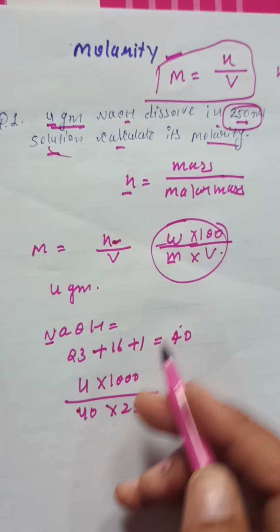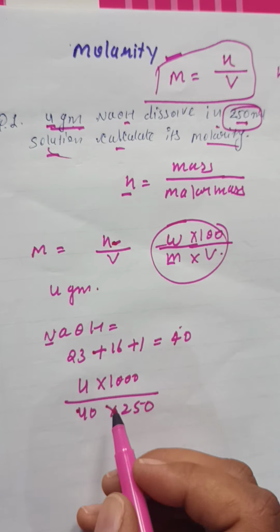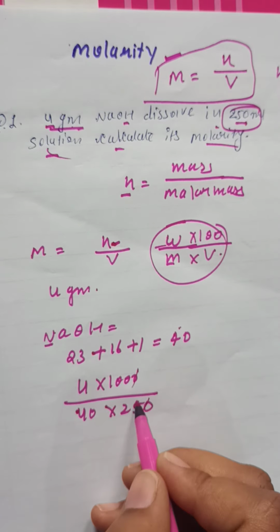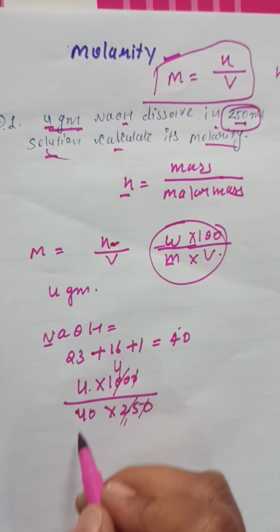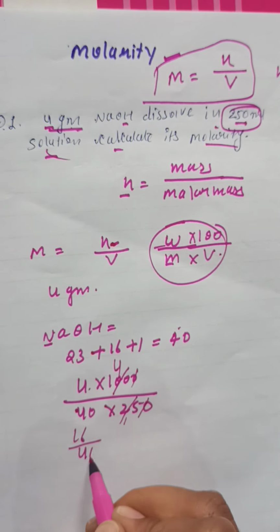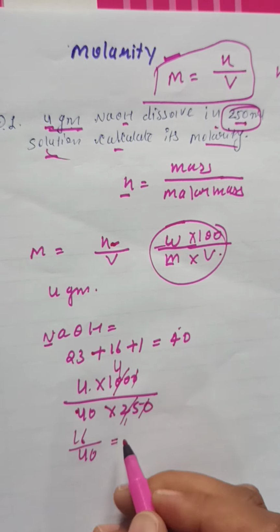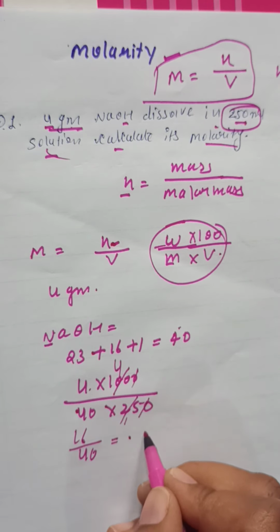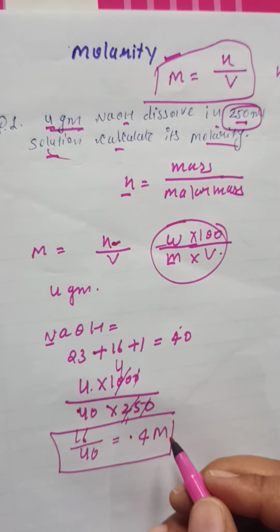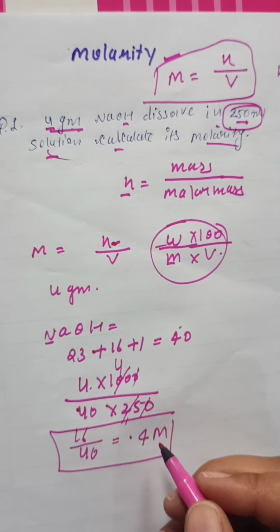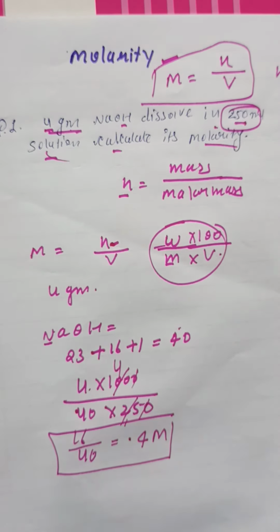Cancelling, we get 16 by 40, and this is 0.4 M. So it's your answer. In this way we can easily find out the molarity.